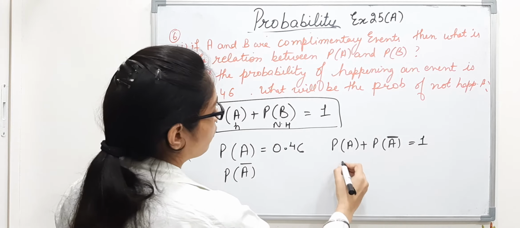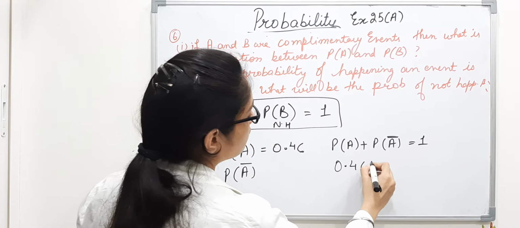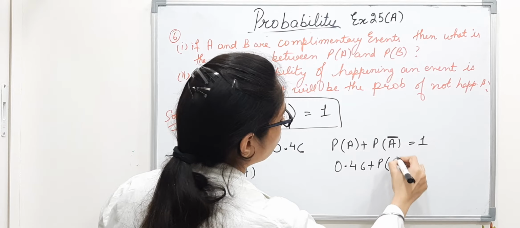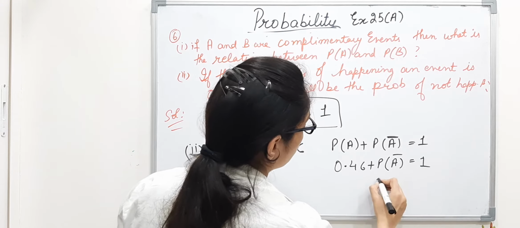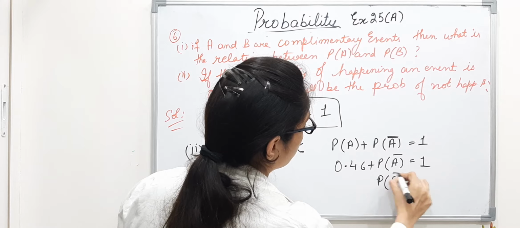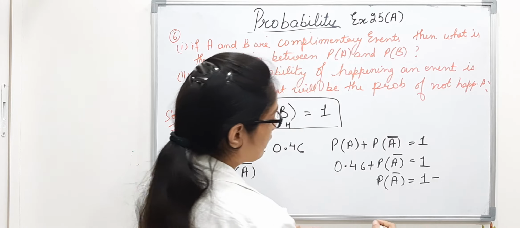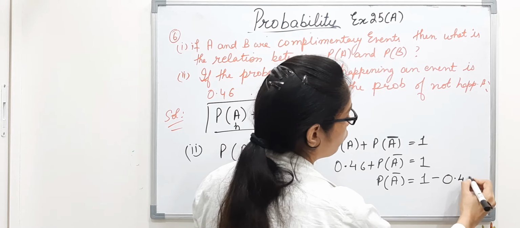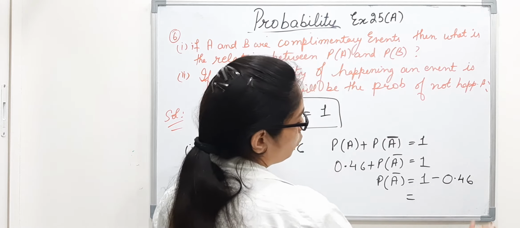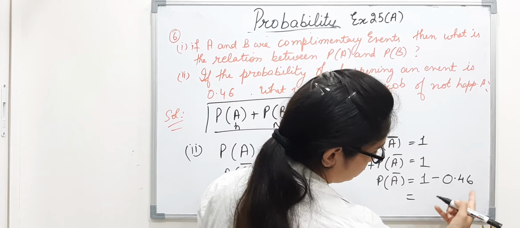PA they have given me 0.46. This I have to calculate, this is equals to not happening of an event. So I can just shift my 0.46 to other side. So I have to do the subtraction.